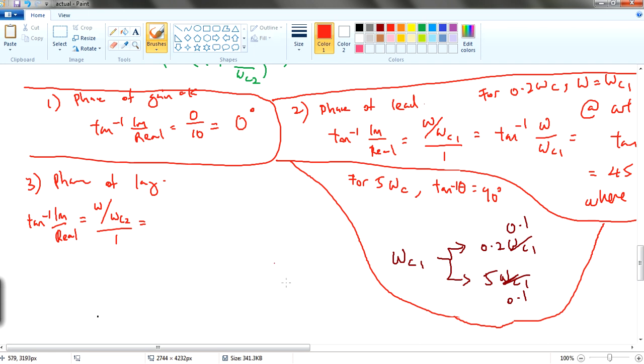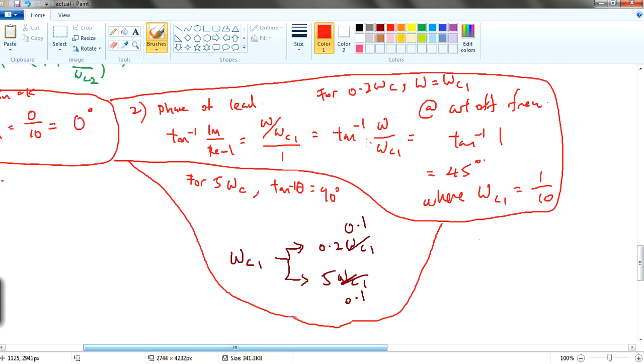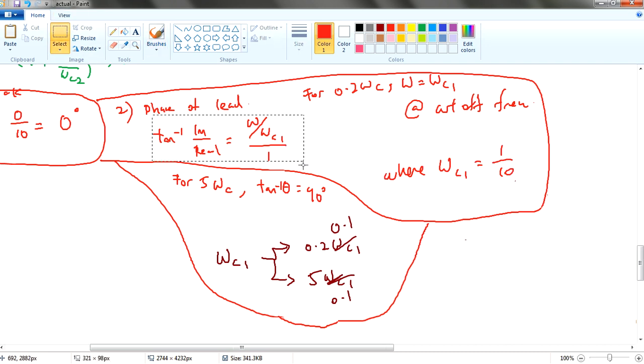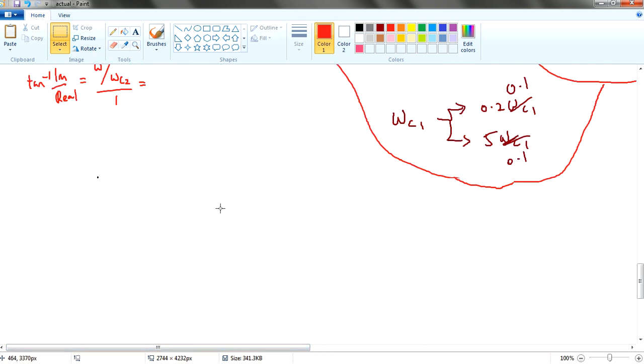I don't believe you need to calculate this part over here; you just leave the equation like that. If you want to calculate the exact angle, then you can use this formula. Otherwise, when plotting, you can straight away plot it out.